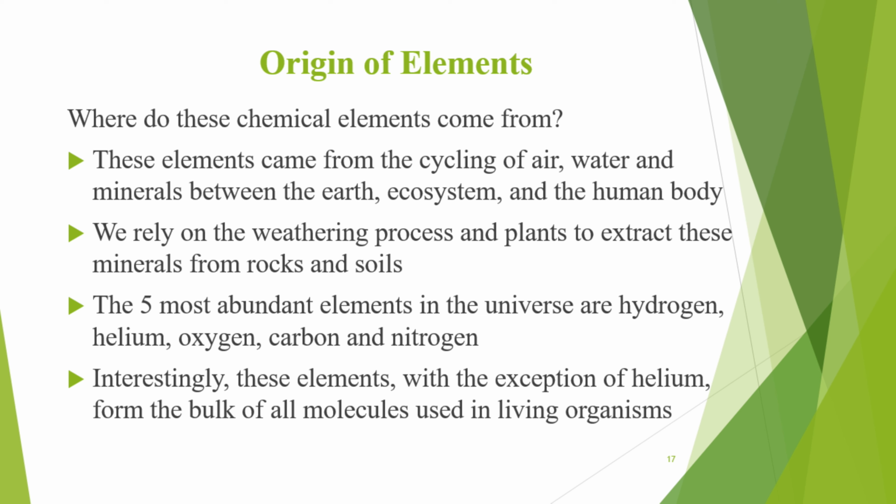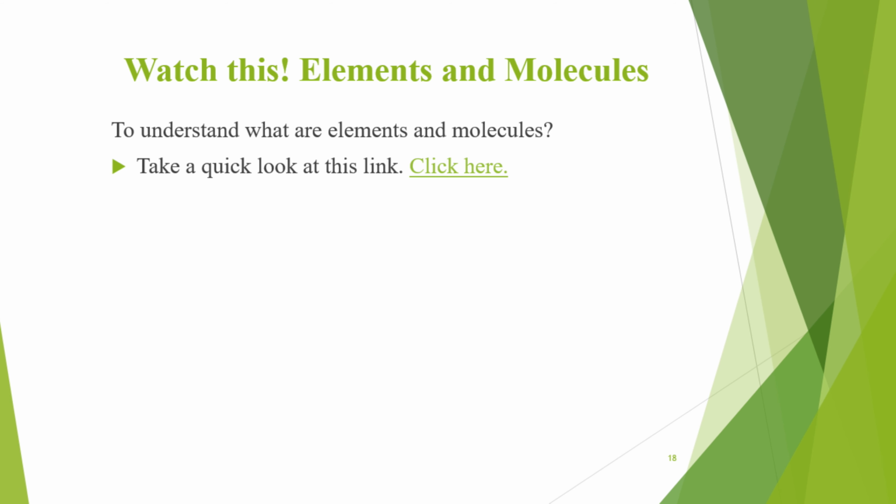The 5 most abundant elements in the universe are hydrogen, helium, oxygen, carbon, and nitrogen. Interestingly, these elements, with the exception of helium, form the bulk of all molecules used in living organisms. To understand what elements and molecules are, take a quick look at this link.